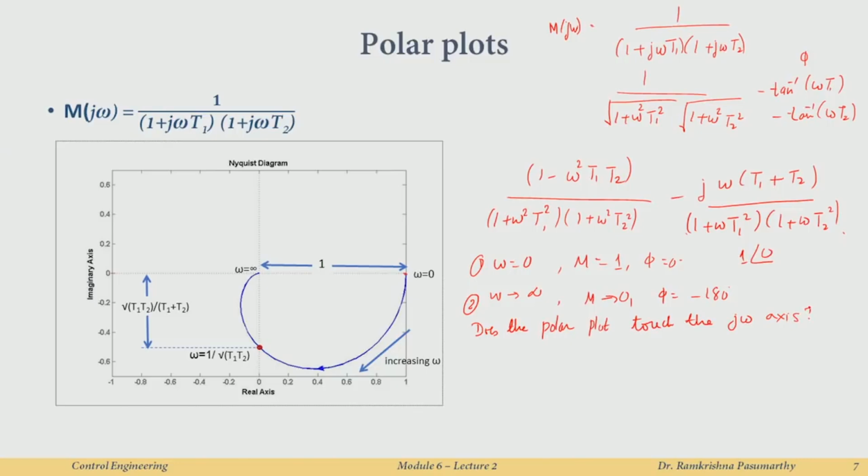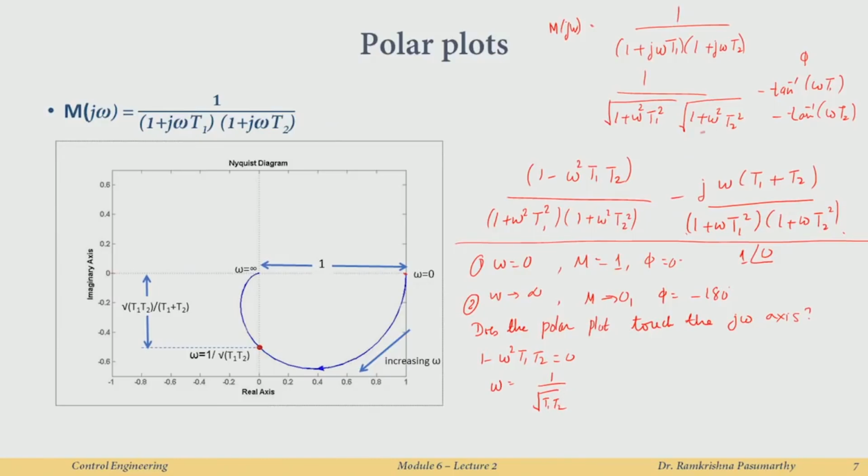Let's say there is some point here which it touches. At this point, the real part goes to 0. So look at this expression: does the real part go to 0 for any value of the frequency? Just equate this real part to 0. What you get is 1 minus omega squared t1 t2 equals 0, or omega is 1 over the square root of t1 t2. Then you can substitute omega.